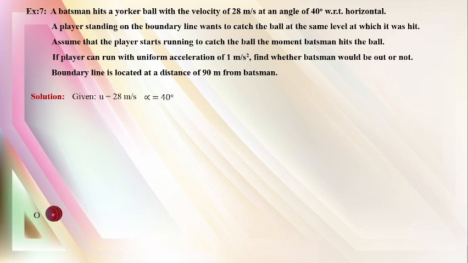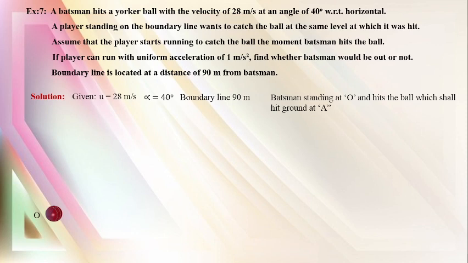Alpha is given, that is the angle of projection, and the boundary line is given at a distance of 90 meter. So basically, the batsman standing at O is going to hit the ball, which shall hit the ground at A. The point of projection is here, and at some other distance there will be a point of landing of the ball.